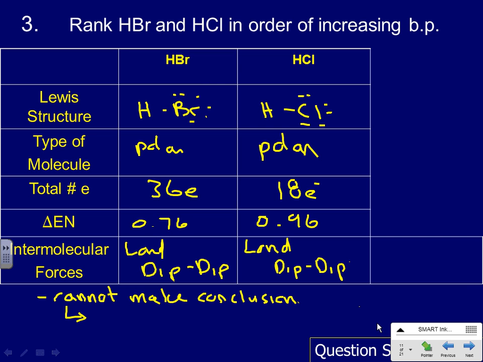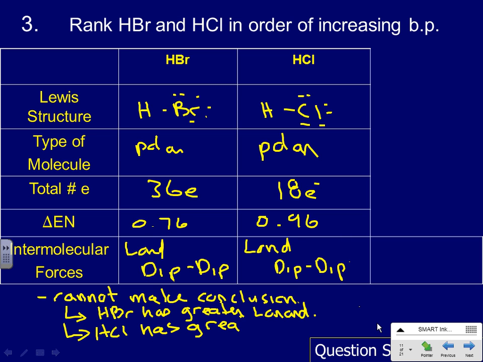This is due to the fact that HBr has greater London forces, and HCl has greater dipole. And therefore, it's hard to say. We can't make that conclusion. We don't have enough chemical knowledge in order to state and answer that question correctly.